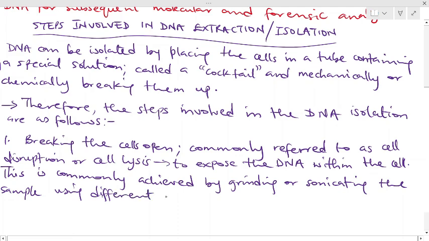To grind or sonicate the sample, you could use your mortar and pestle, or you could use your blender, to break and expose the cell.